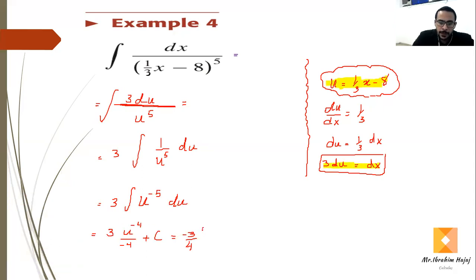So I'm going to replace the u again by its value, 1 over 3x minus 8, to the power of negative 4 plus c. Or we can put it in the denominator. So negative 3 over 4, times 1 over 3x minus 8 to the power of 4, plus c.